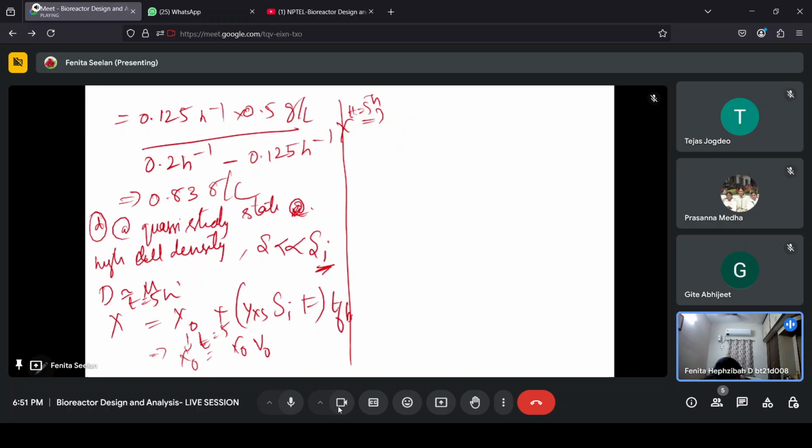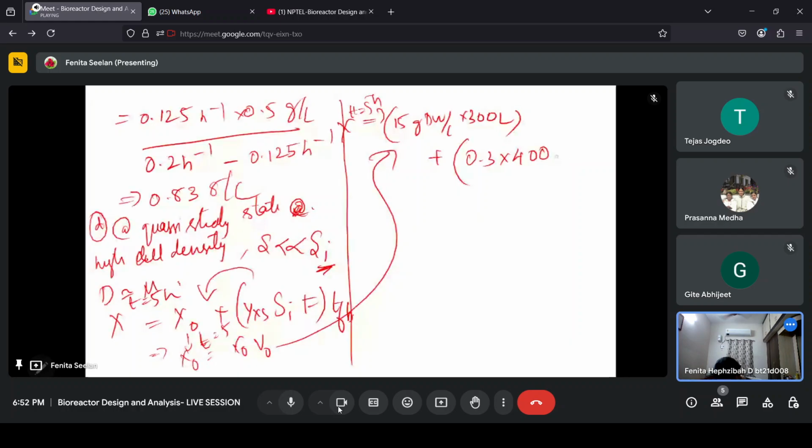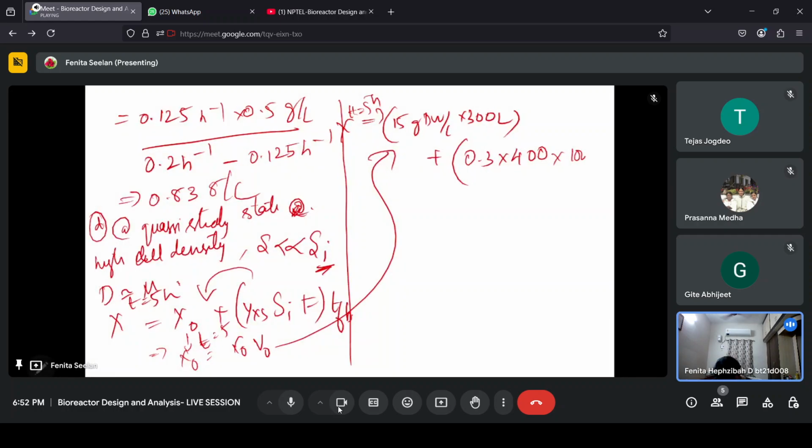If we substitute everything we know: 15 gram dry weight per liter into 300 liters, this is for X naught into V naught, plus Y X/S, 0.3, into S I, 400, and the flow rate of 100 liters per hour into 5 hours.